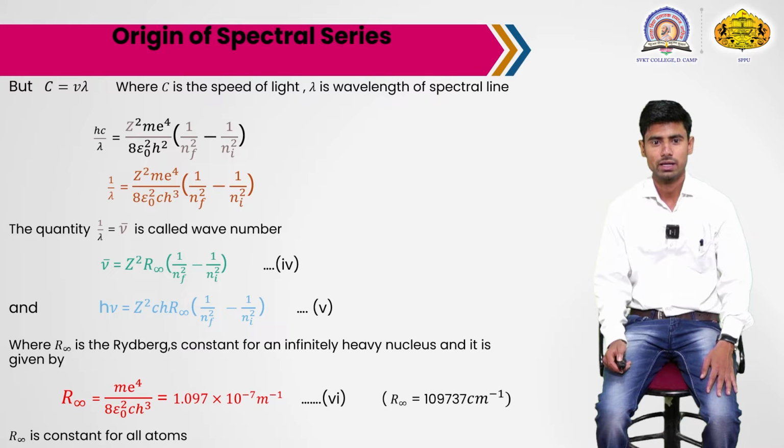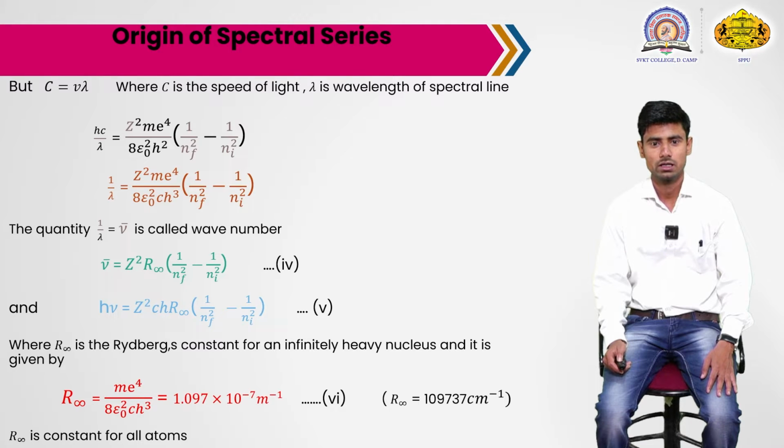So I will get hc by lambda equals Z square m e power 4 divided by 8 epsilon 0 square h square, and in brackets 1 by nf square minus 1 by ni square, and so I will get 1 by lambda equals Z square m e power 4, with hc going into the denominator, which gives 8 epsilon 0 square c h cube, in brackets 1 by nf square minus 1 by ni square.